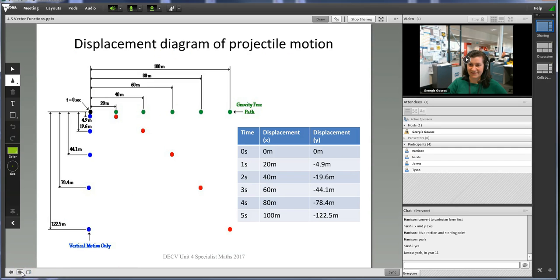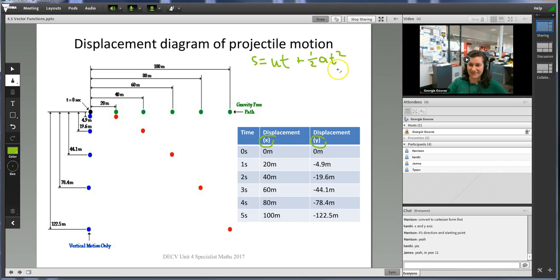So what's happening to the displacement in this time? Using that equation, S equals ut plus a half a t squared, we can work out the displacement of the object in both the horizontal and vertical directions.